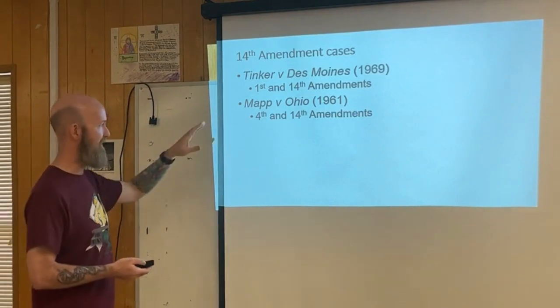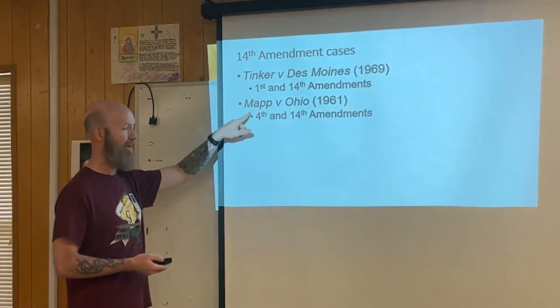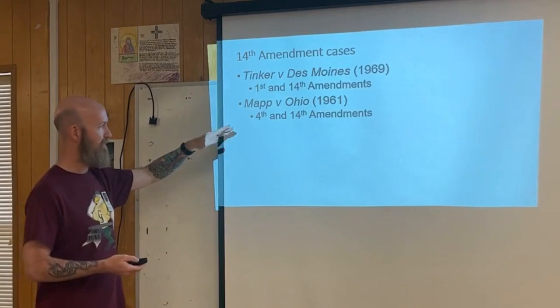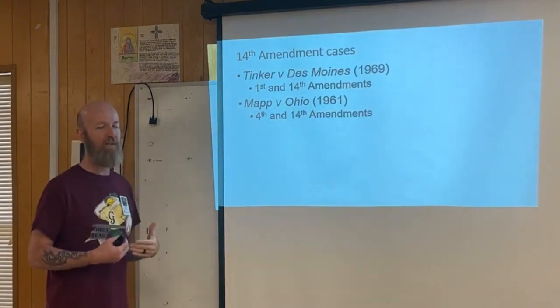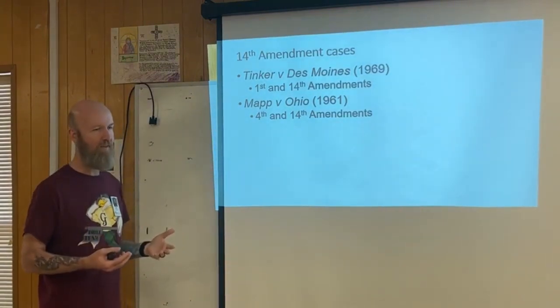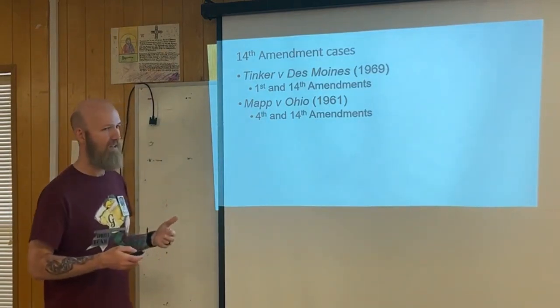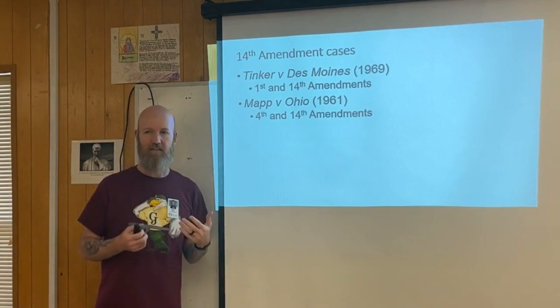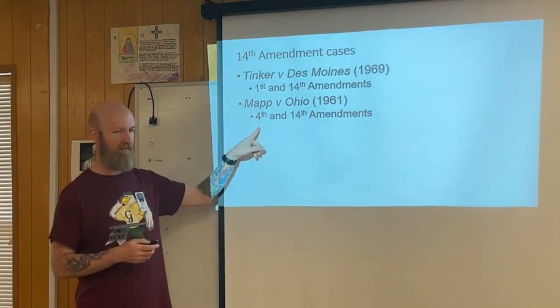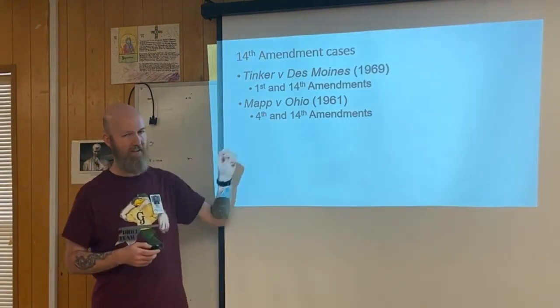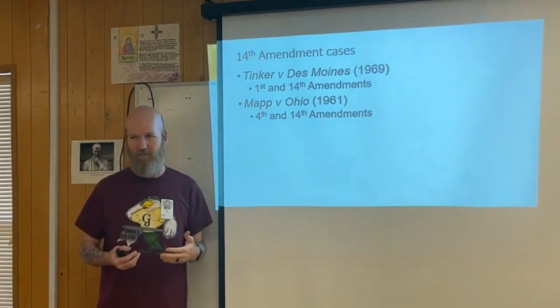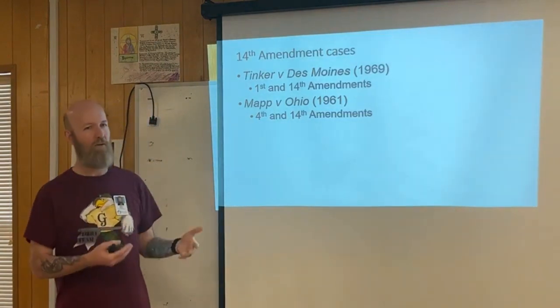Another example of that is the case of Mapp v. Ohio. Mapp, last name of a woman whose home was illegally searched. Police searched her house and they didn't have a search warrant. They found some illegal things, they arrested her, put her on trial. She sued and went to court and claimed a violation of her Fourth Amendment rights and her 14th Amendment rights. The Fourth Amendment says that you cannot be searched without a warrant.